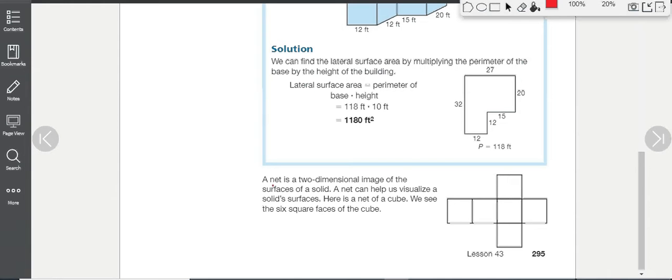This is a net. This is showing every side. This is a net of a cube. It doesn't look much like a cube, because when a cube is all folded up, it looks more like this. It's in 3 dimensions.